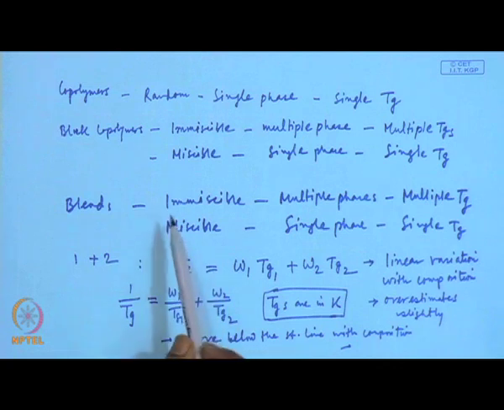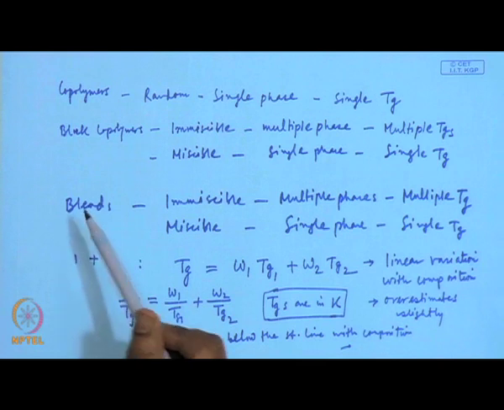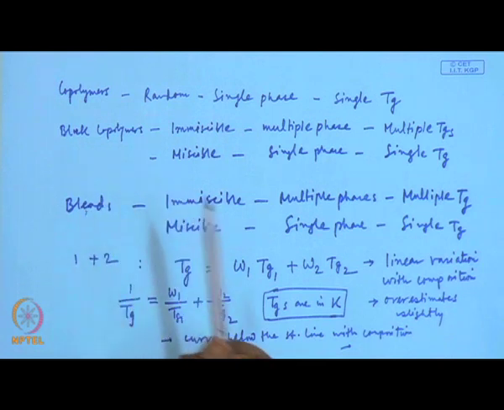Now, obviously, if these two blocks in a block copolymer, or say two homopolymers in a blend, are partially miscible, then what happens? You still get two Tg's for a two component system, but the Tg's come down from the corresponding homopolymers, you get somewhere intermediate.